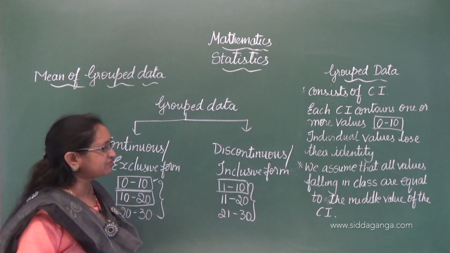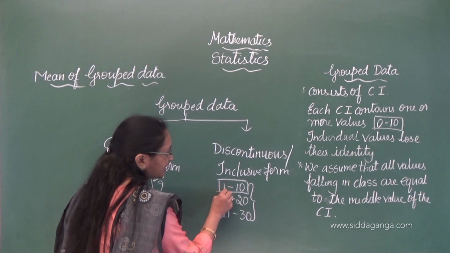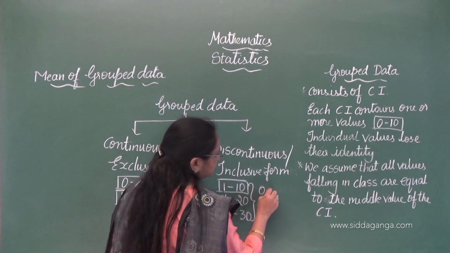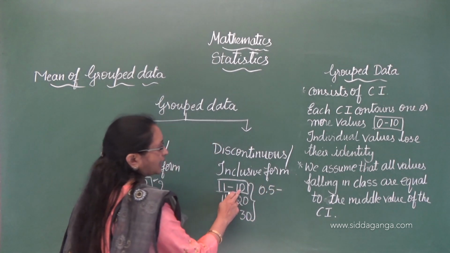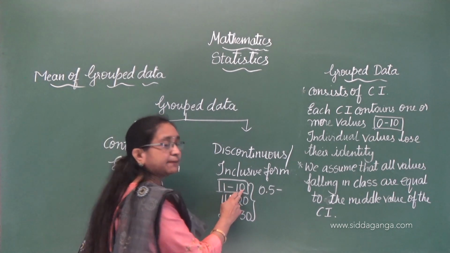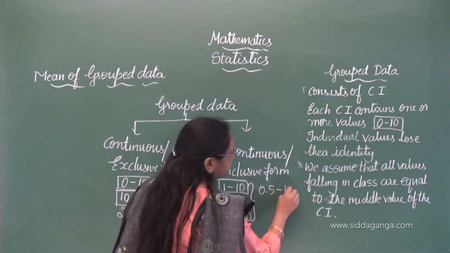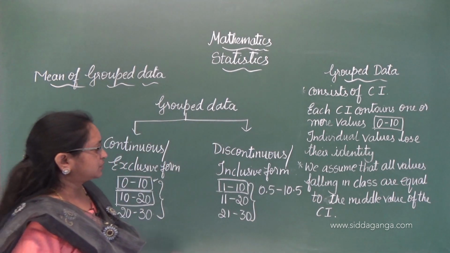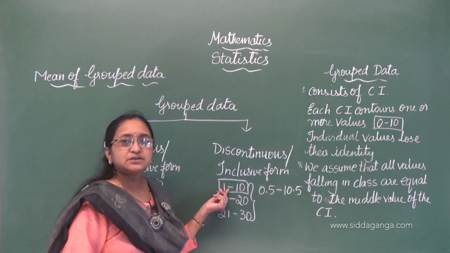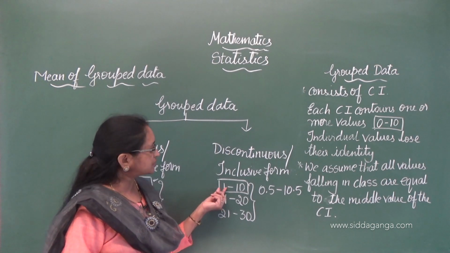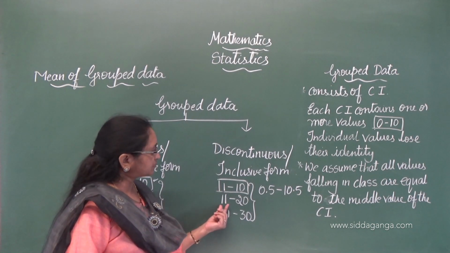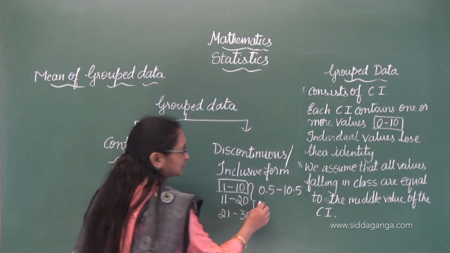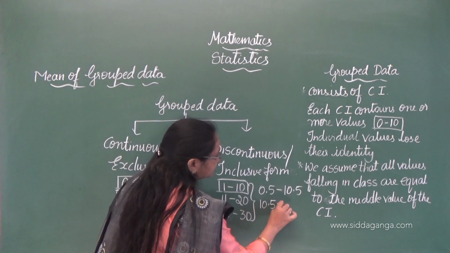So you have to subtract 0.5 from the lower limit 1, so you will get 0.5, and you are going to add 0.5 to this upper limit, so this will be 10.5. I hope you understood. From this 11, I am going to subtract 0.5, so it will be 10.5.